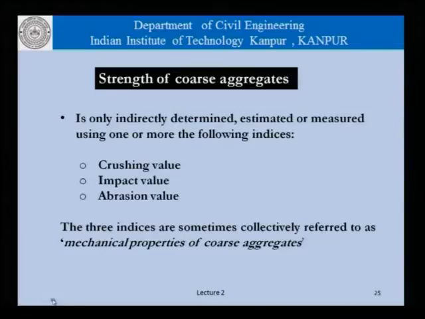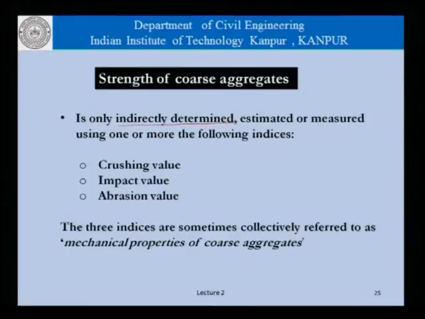Coming to the strength of coarse aggregates, it is only indirectly determined, estimated or measured using one of the following indices: crushing value, impact value, abrasion value. These three indices are sometimes collectively referred to as mechanical properties of coarse aggregates. When I say that they are indirectly determined, what does that mean?